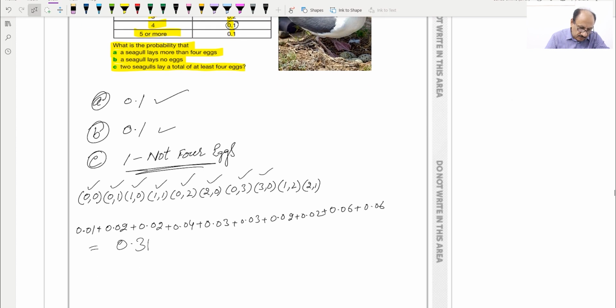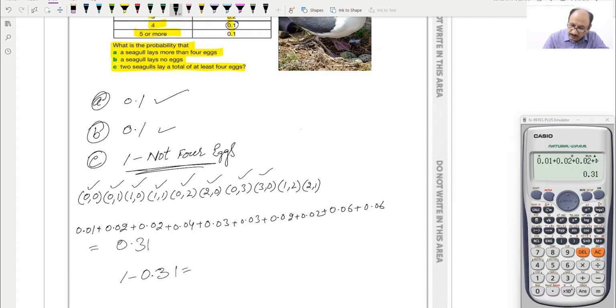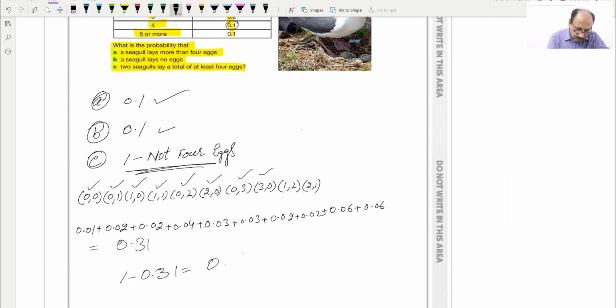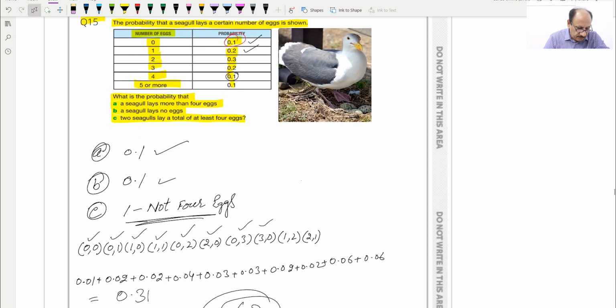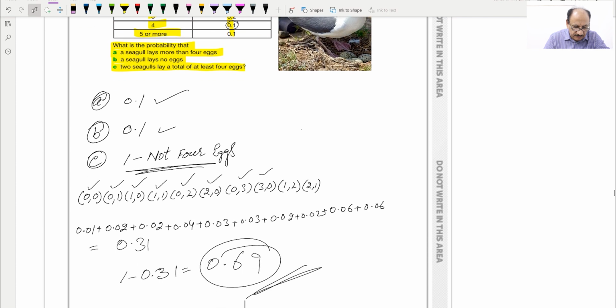So we have to take the complement as we discussed. So we will be taking 1 minus 0.31, and this gives us 0.69. So 0.69 will be the answer for this part. Hopefully you understood this. This was a little tricky question in which we have taken the complement in the C part.